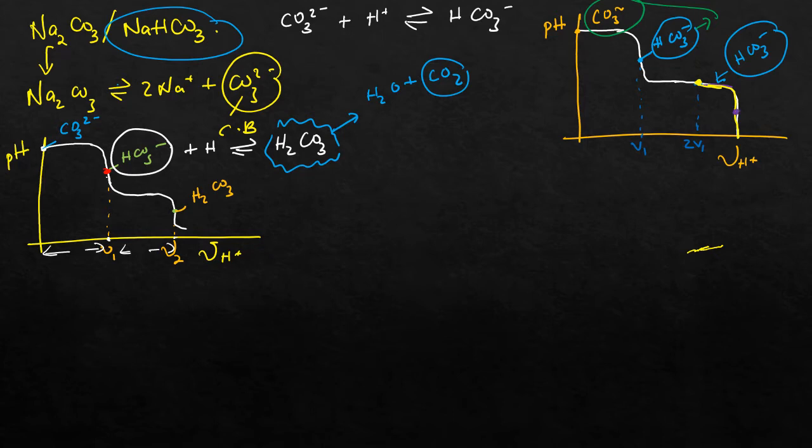So if you want to know the amount of moles related to just the bicarbonate in the mixture, you are going to first subtract the volume of the second equivalent point from twice the first equivalent point, 2V1.